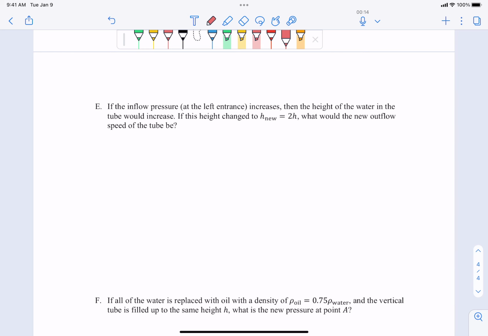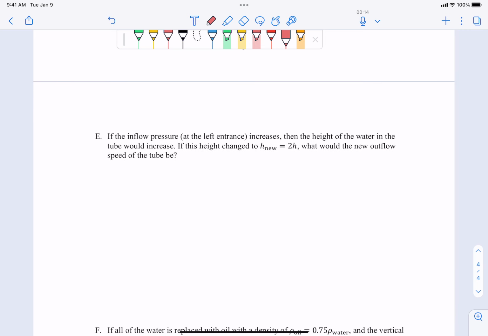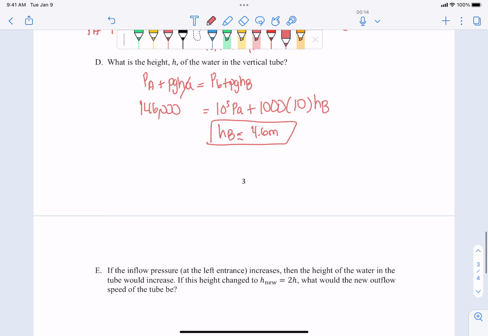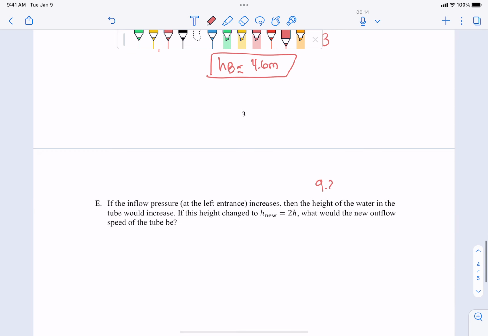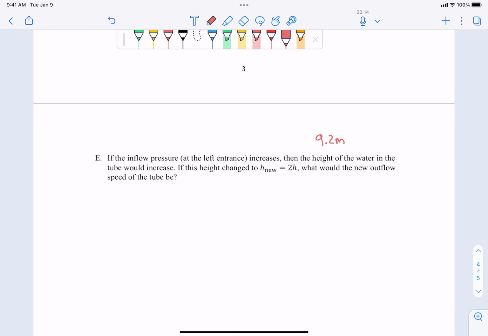Well, first of all, since our height is doubling here, from 4.6 meters to 9.2 meters, then our pressure at A would change, right?